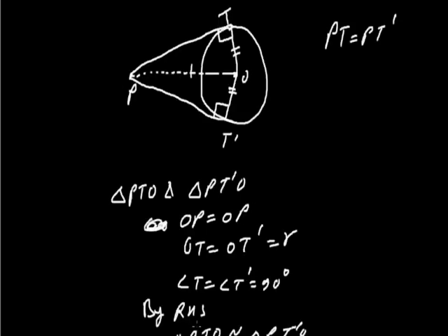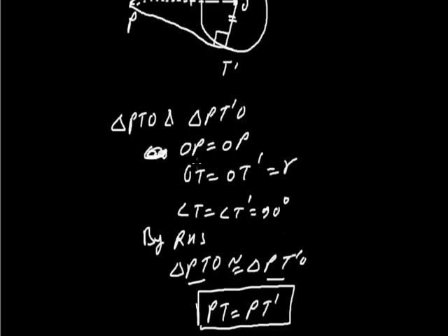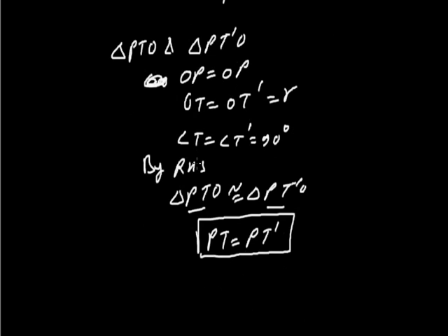So when we draw tangents from an external point to a circle, they are equal in length, that is PT equals PT dash. And one more important point is that angle POT equals angle POT dash, again by CPCT.